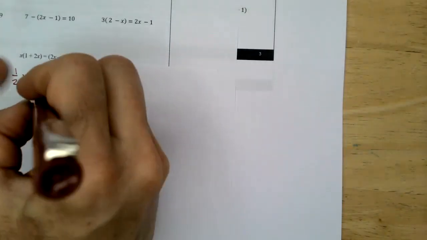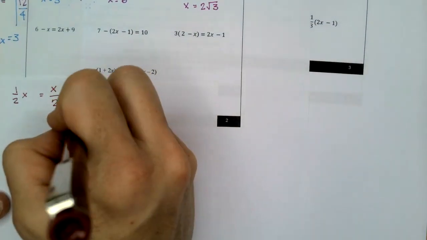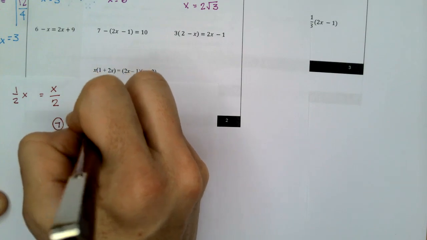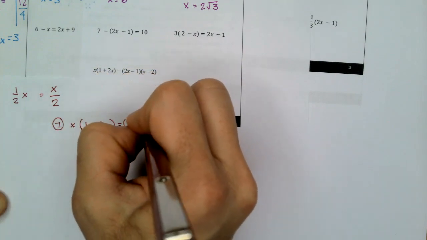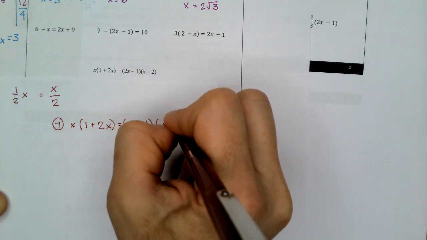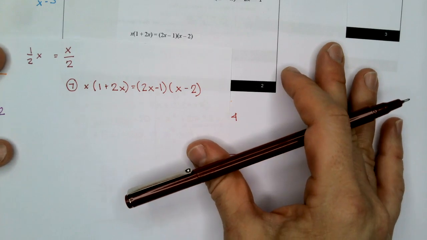What's our seventh example? Ooh, it's a long one. All right, let's see if I can fit it. x times the quantity 1 plus 2x equals the quantity 2x minus 1 times the quantity x minus 2. Let's see if I even wrote it right.